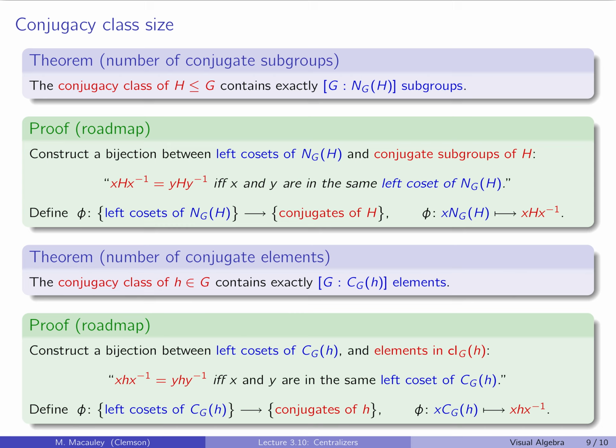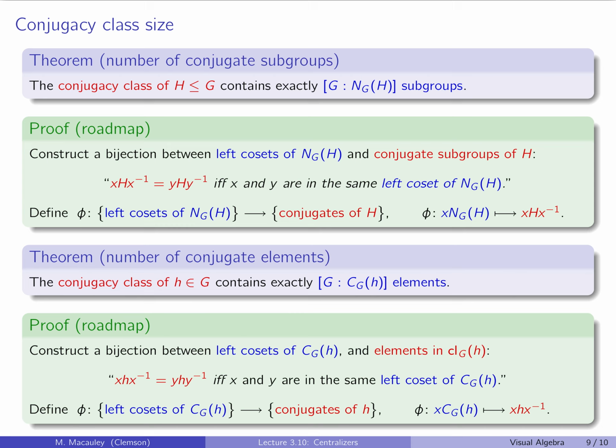Analogously, in this lecture, we learned that the size of the conjugacy class of an element is the index of the centralizer. And for that proof, which we outlined but are leaving as an exercise, we have to construct a bijection between left cosets of the centralizer and elements in the conjugacy class. In other words, xhx inverse equals yhy inverse if and only if x and y are in the same left coset of the centralizer.